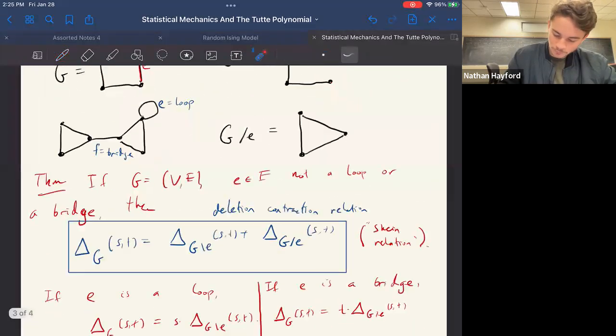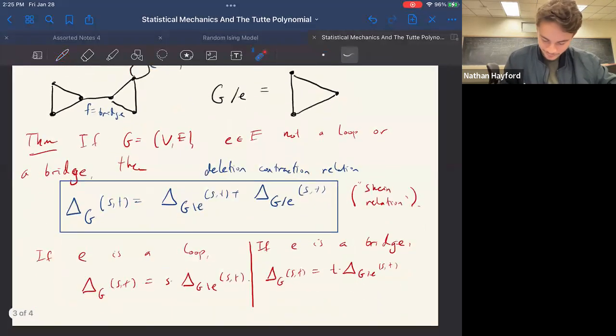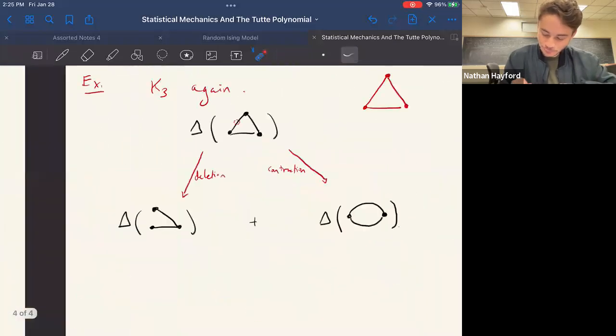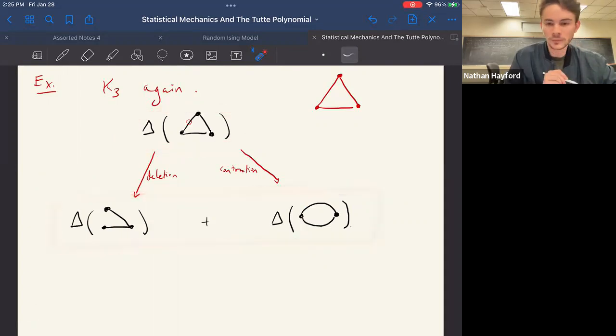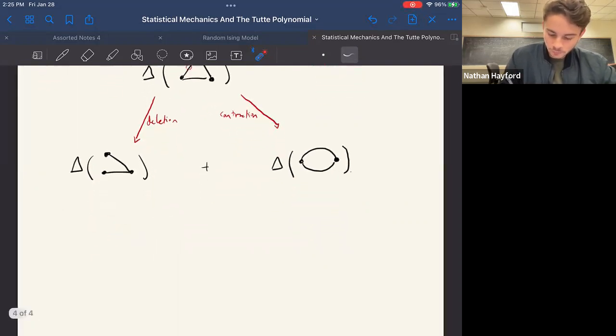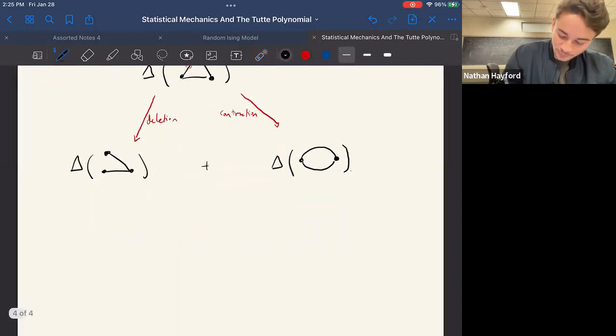By the deletion contraction relation that I wrote before, here, the Tutte polynomial of K3 is going to be just the sum of the Tutte polynomials of these two graphs. So now all we have to do is compute the Tutte polynomial of each of these graphs. Well, how do we do that? We keep applying the same relation. So let's continue in this fashion. This edge here is a bridge.